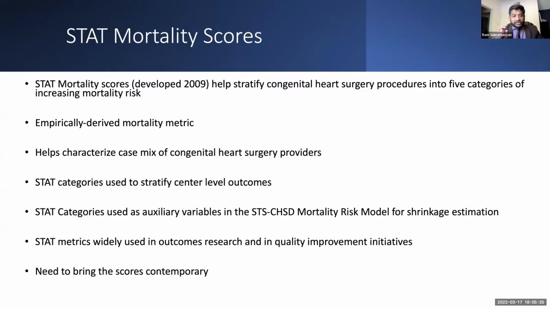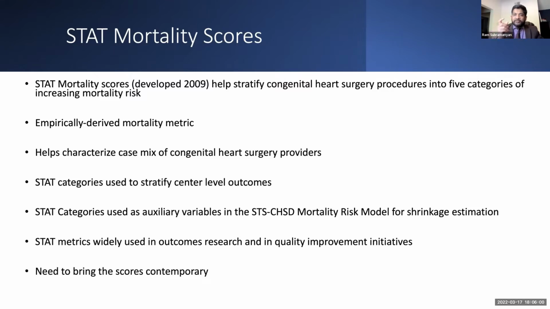It is important to know that stat categories are also used as auxiliary variables in the congenital heart surgery STS mortality risk model. Now, I'm sure there are statistics experts in the audience today. I'm not one, but my understanding is that the stat scores are simply used for Bayesian shrinkage estimation.